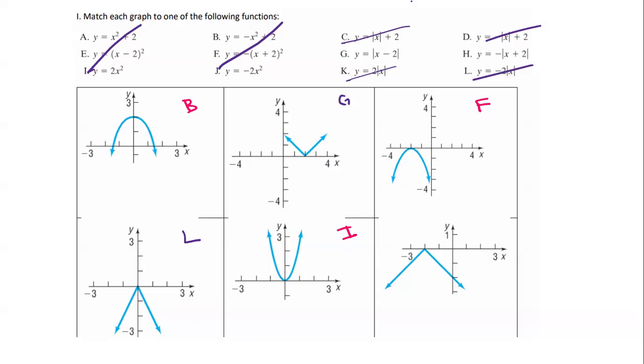So those guys are out. So that means then it has to be between G and H. Okay. And it is negative, right? Because it's upside down, right? It's sad. And then it did shift to the left. So remember, if it's a positive 2, it actually goes to the left. If it's a negative 2 inside, it goes to the right. So the answer to this one has to be H.